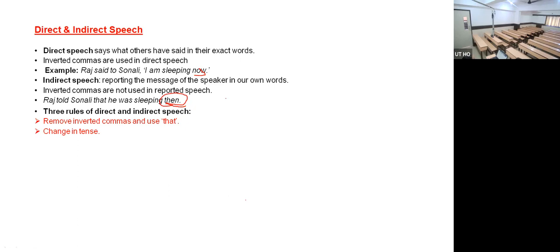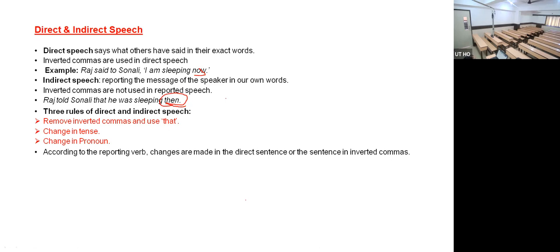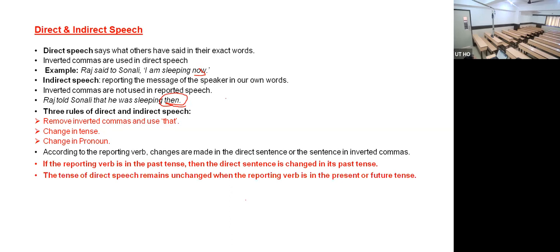There will be a change in the tense in some places and a change in the pronoun, right? If the reporting verb is in the past tense, then the direct sentence is changed in the past tense.